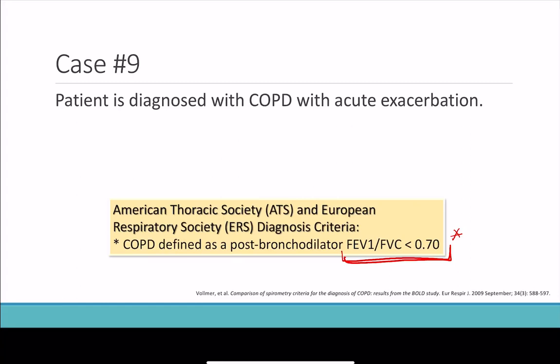So in addition to the FEV1 to FVC, the diagnosis is also based on the patient's signs and symptoms, what they're reporting, and their medical and family history. They will look at all of the results of the test.